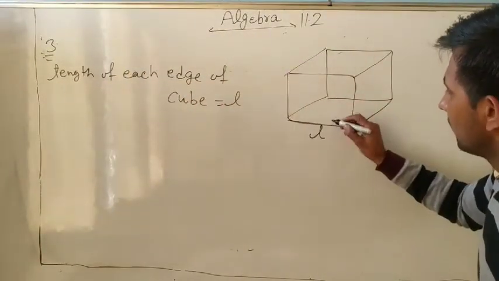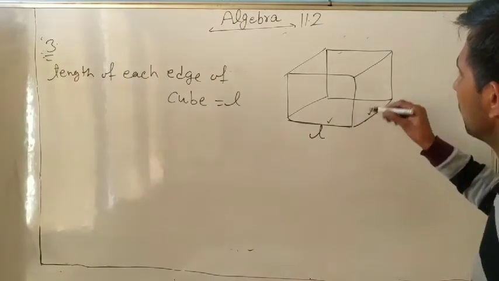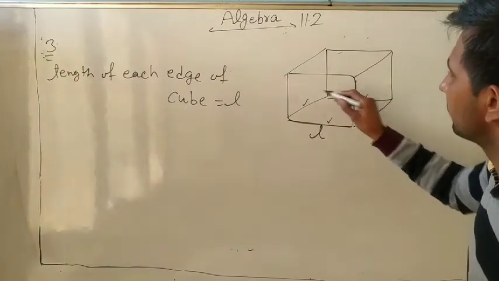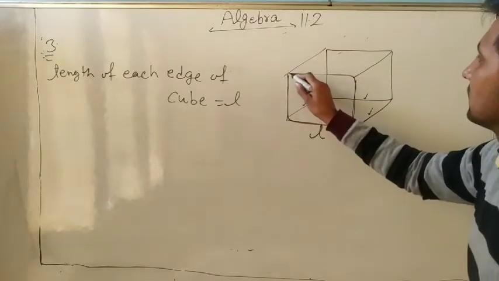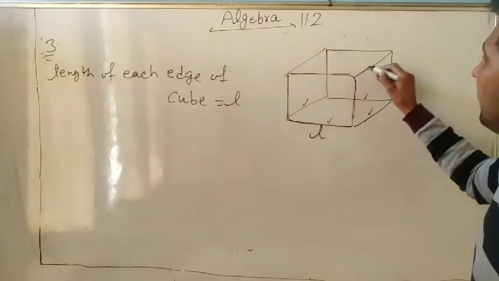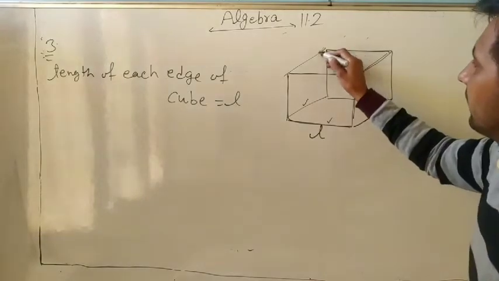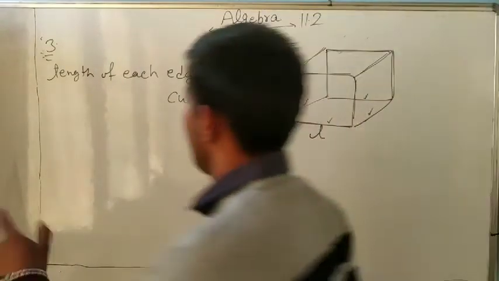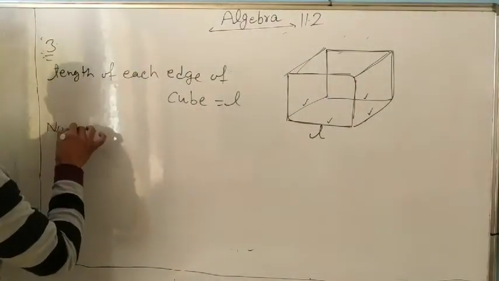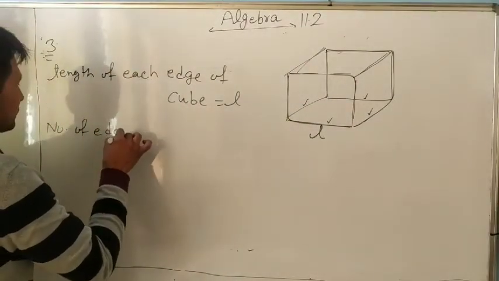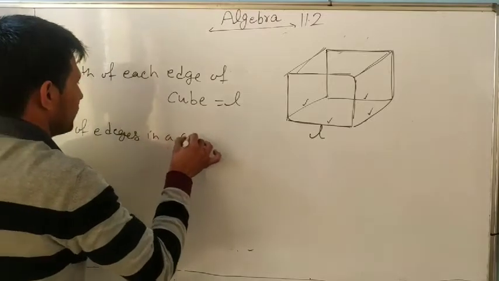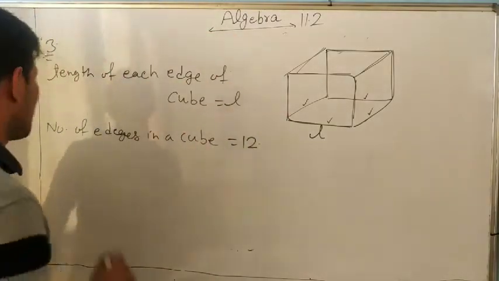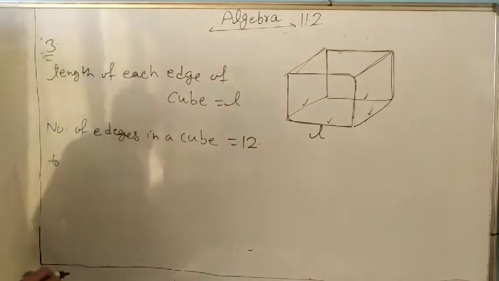So 1, 2, 3, 4 edges, 5, 6, 7, 8, 9, 10, 11, 12. How many edges? So write number of edges in a cube is 12. So what is being asked?